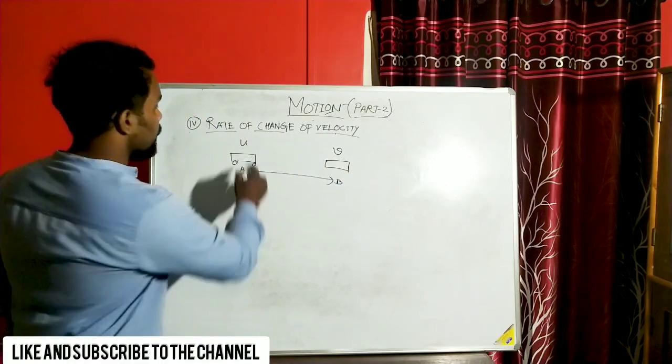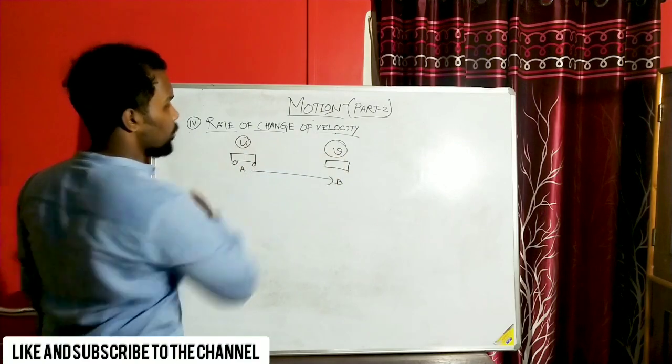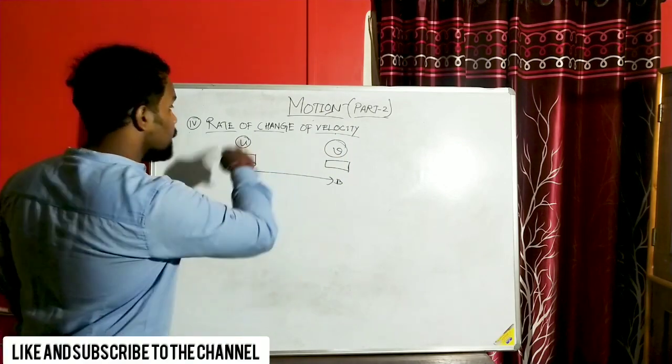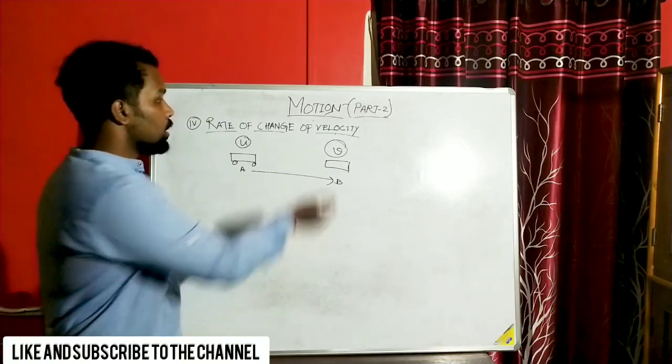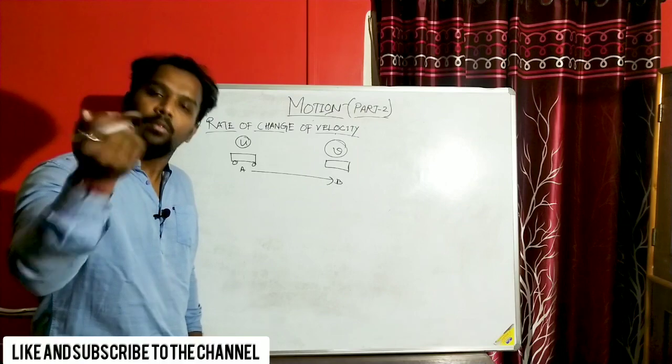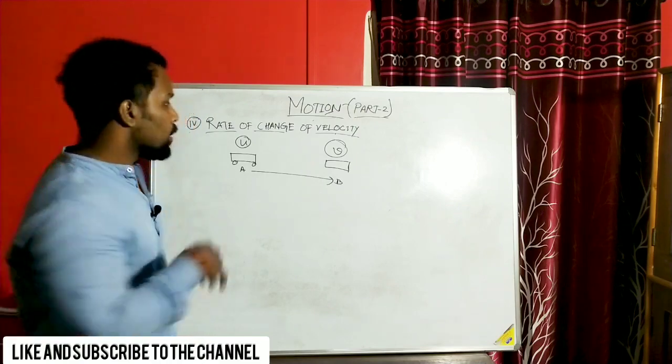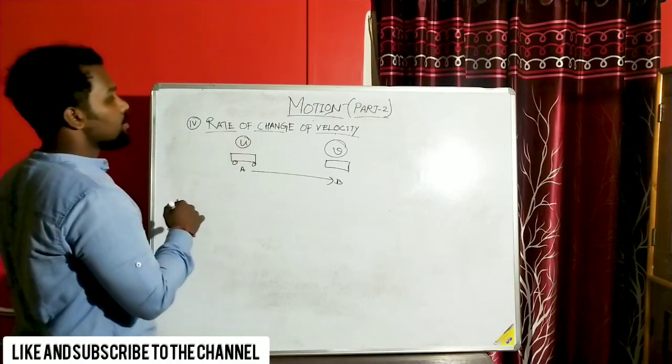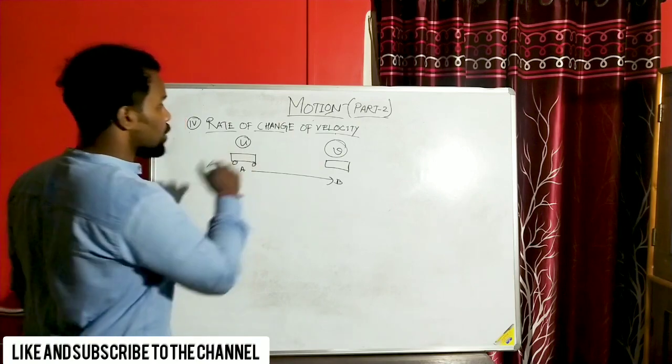This new quantity is going to be a vector quantity, because we are dealing with vector quantities. Simple concept, right?